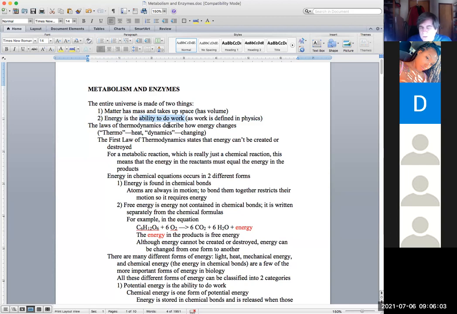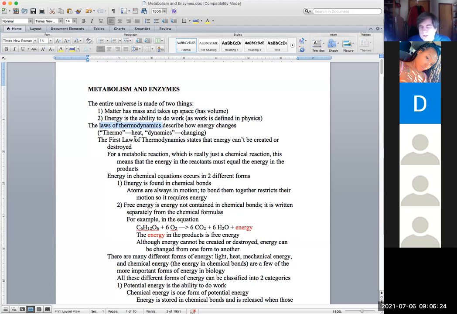Now, one of the things we said was that you can't create or destroy energy, just like you can't create or destroy matter. And the laws that govern energy are described in the laws of thermodynamics. Dynamics refers to things that are changing.